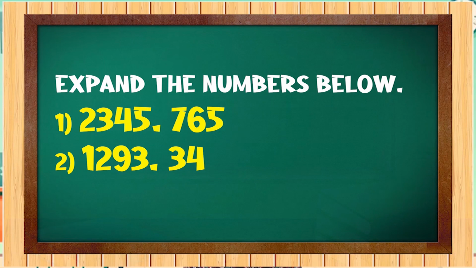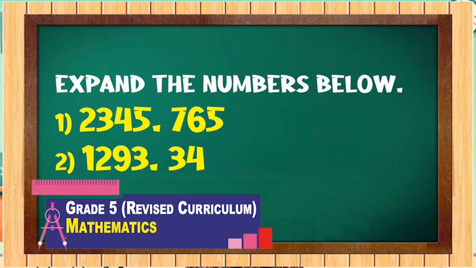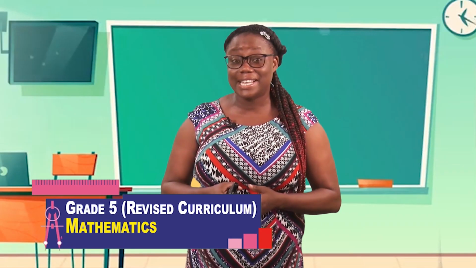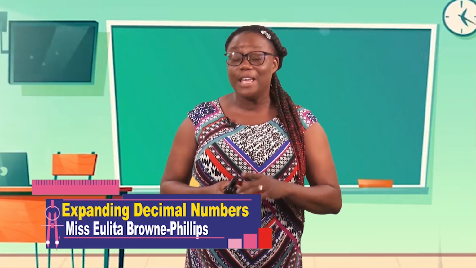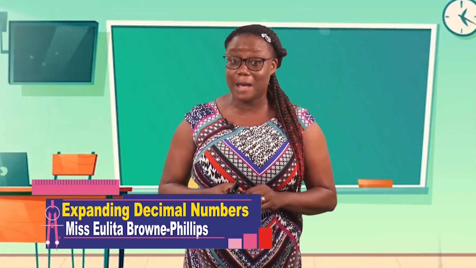Expand the numbers below. 2,345 and 765 thousandths. 1,293 and 34 hundredths. I'm going to give you 2 minutes to get that done, boys and girls. Remember to do neat work. Your work says a lot about you.